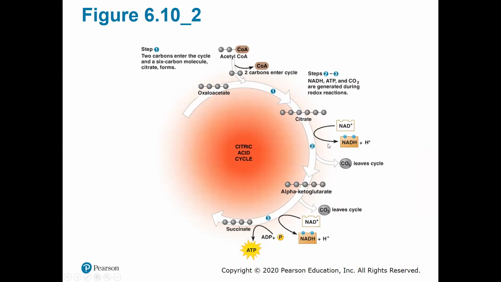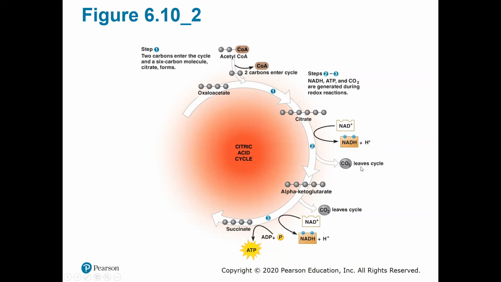Now you guys do not have to know all the names of these carbon molecules, but the numbers of carbon though are important. So you drop off 2 carbons and it binds with a 4-carbon molecule to create a 6-carbon molecule. And then you have a series of chemical reactions where NAD plus will gain a hydrogen, and it will be an electron energy carrier molecule.